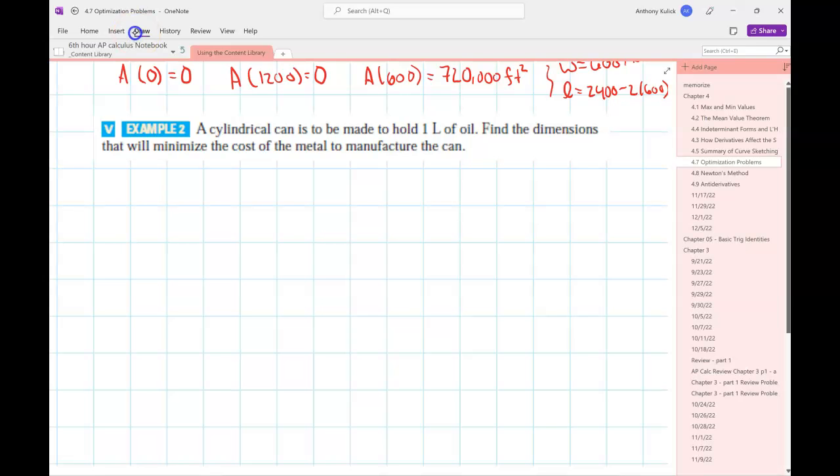All right. Next question. A cylindrical can is to be made to hold 1 liter of oil. Find the dimensions that will minimize the cost of the metal to manufacture the can. Everybody have a good picture in their mind of what we're doing?